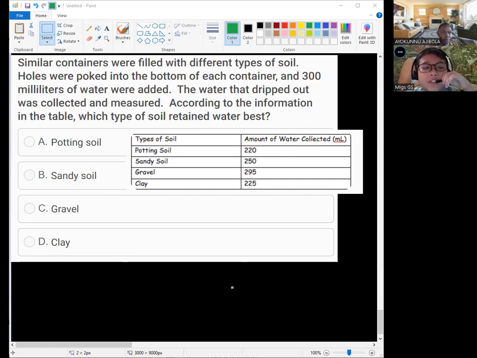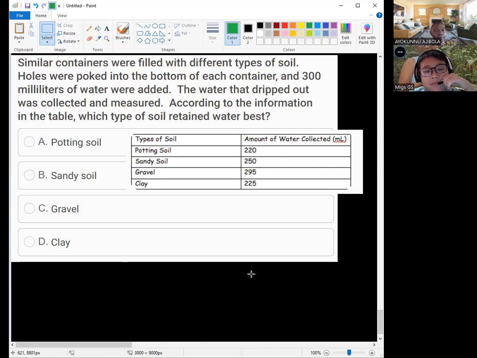According to the information in the table, which type of soil retained water best?